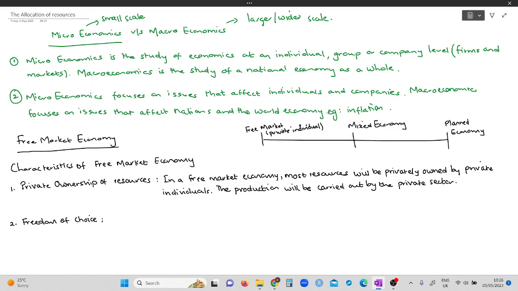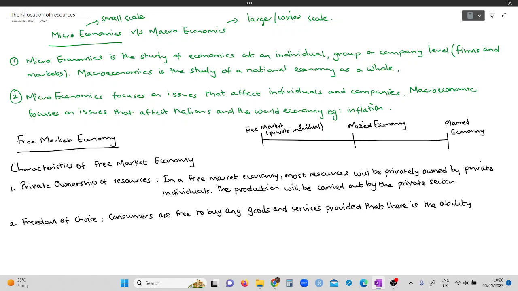Freedom of choice veut dire consumers are free to buy any goods and services provided that they are able to pay, they're able to afford.